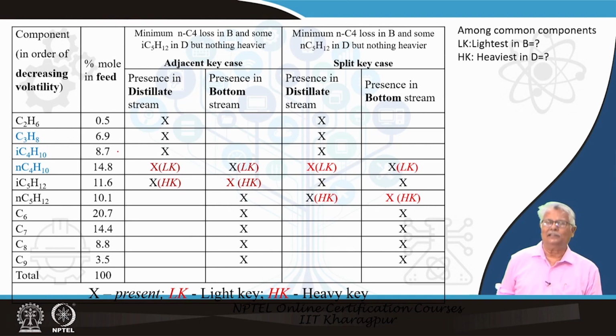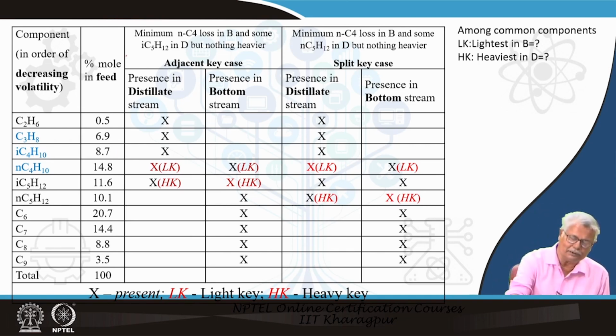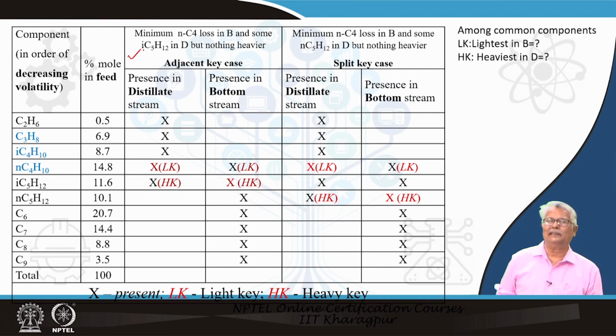The first thing you will see, we are talking about this particular case, that means case 1, which I have referred to in my last slide. And here what we have is, we decide that my top product is definitely not going to contain any NC5.